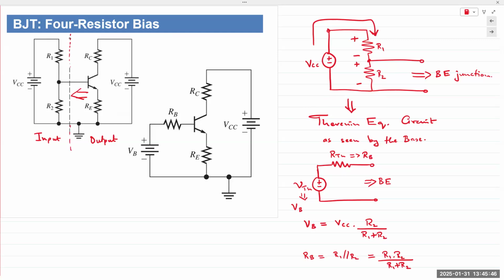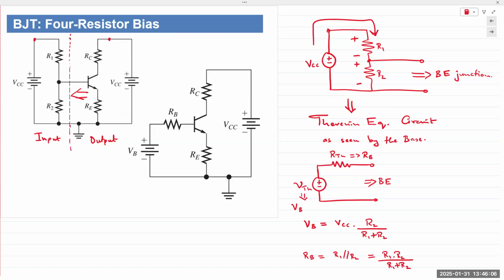The circuit itself has not changed. It is just redrawn in a different manner. So VCC applied at the top, at the right, and on the left side. You're simply breaking it up.